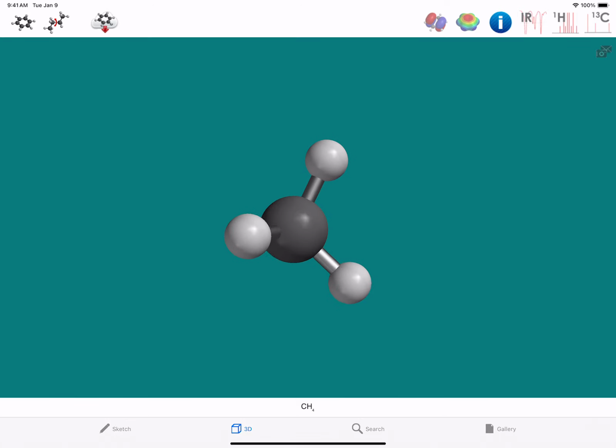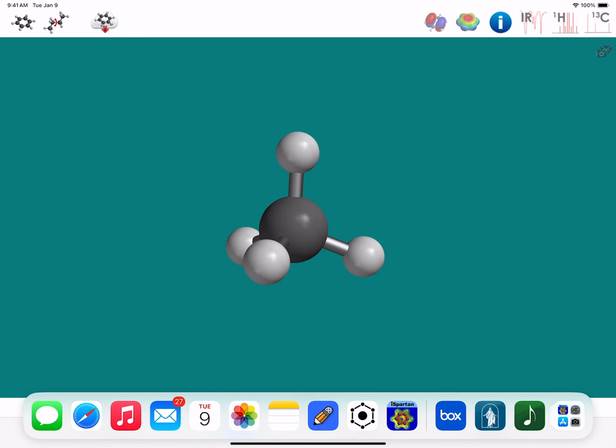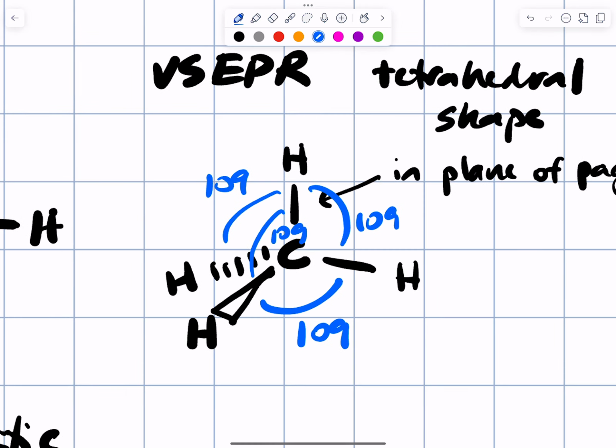If I align this molecule so that one bond is pointing straight up in the plane of the page, and the other bond is angled down towards the right in the plane of the page, you can see that on the other side, you've got a hydrogen that's angled down to the left, pointing out at you, and then a hydrogen that's angled down to the left, pointing away from you. And it would be kind of difficult to draw that molecule like this because the hydrogen in the front sort of overlaps the hydrogen in the back. And so we try to draw that like this.